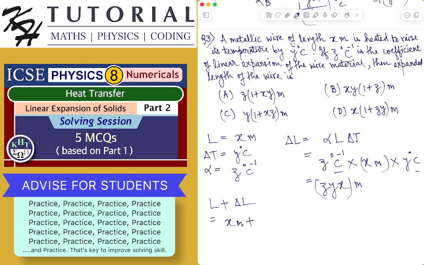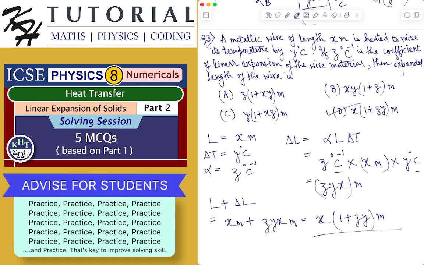L is given to be x meter, and delta L we have found to be Z y x meter. From here, if you take x common, we have x multiplied by 1 plus zy this much meter. So x into 1 plus zy meter is the final length of the metallic wire, or the expanded length of the metallic wire. So the correct choice is choice D. Choice D is the correct answer.